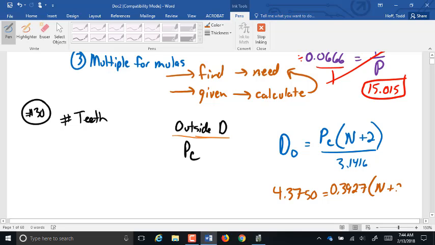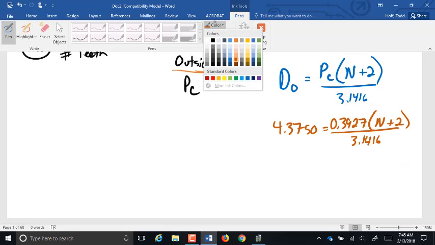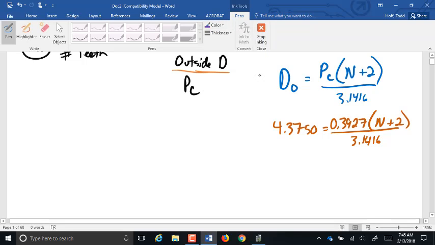We're looking for n. So to solve this, there's a few steps to take. This is not an easy equation to solve by any means. Here's the way I would do it.